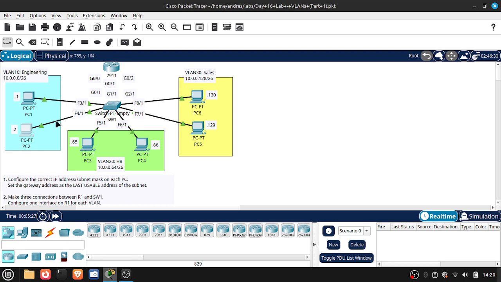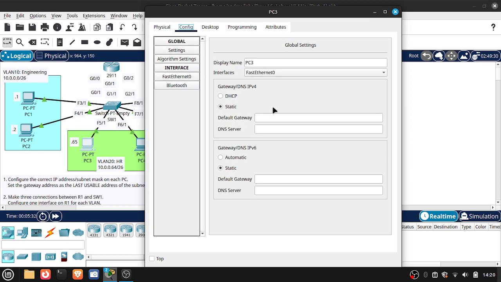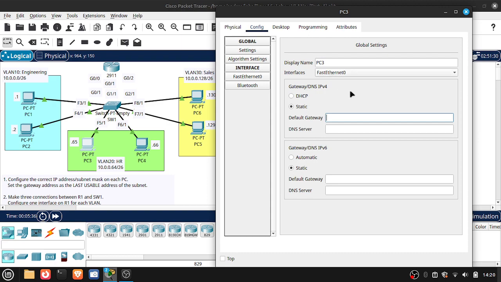Okay, we had already did VLAN 10, now VLAN 20. Config the default gateway. The network is 64 and the net mask doesn't change, so we have to add 64 plus 64.